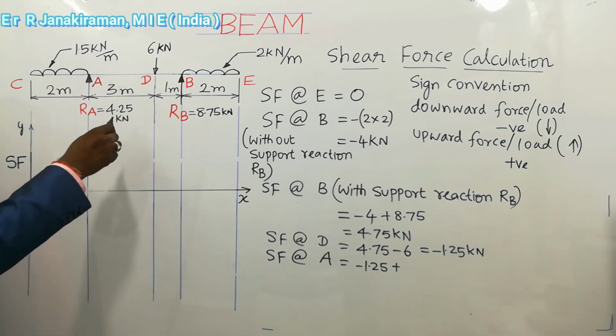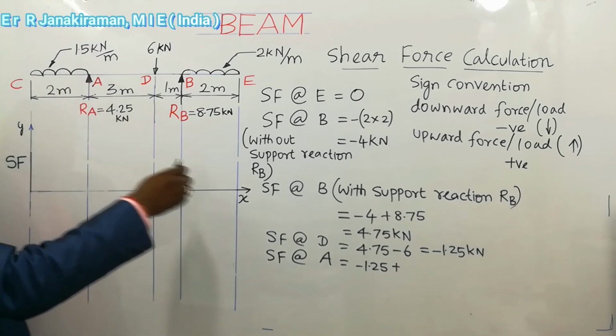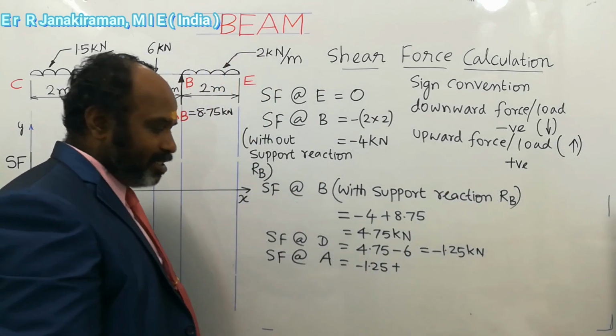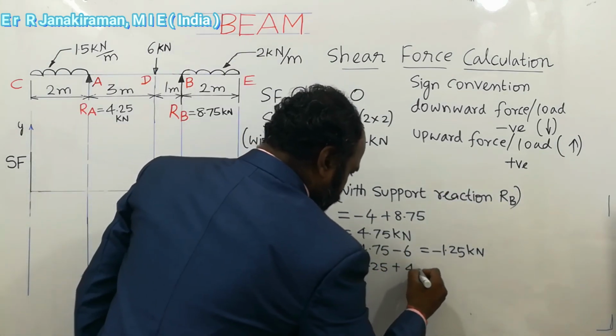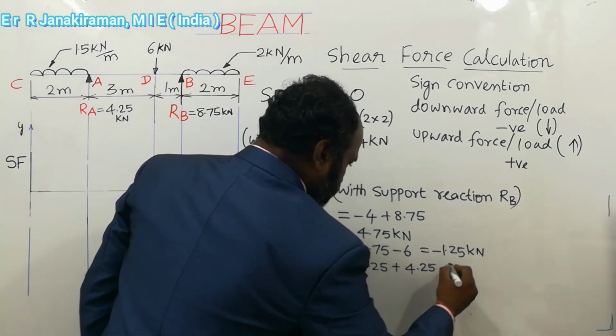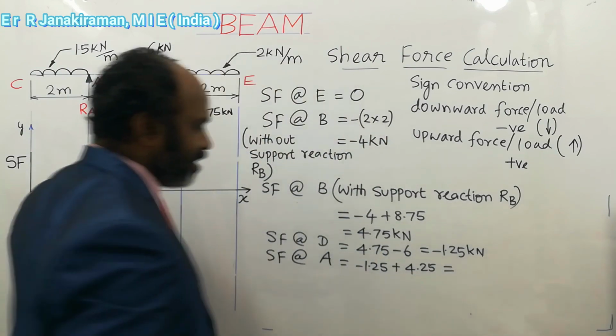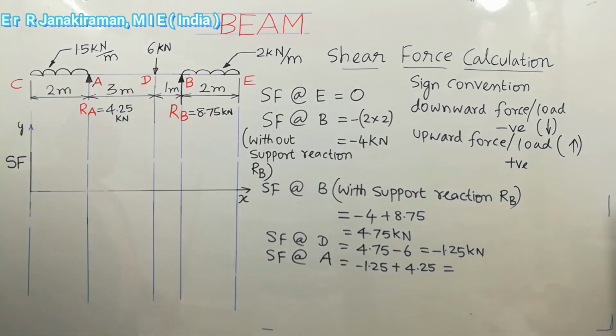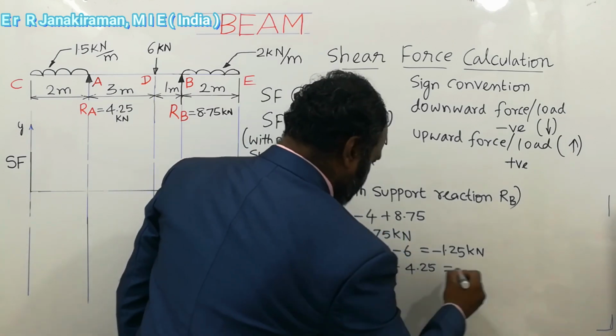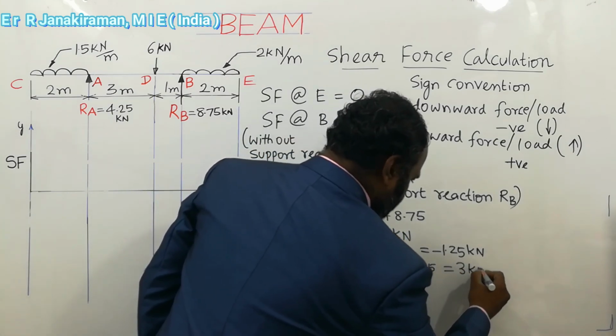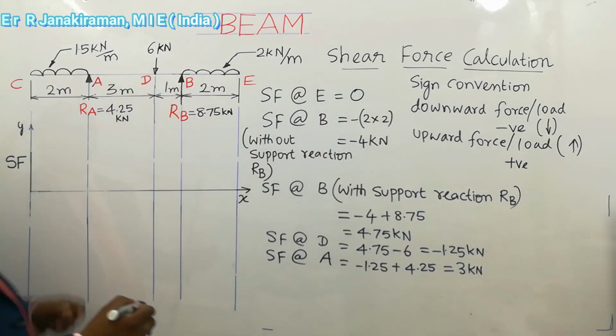RA we already found as 4.25. Upward force is positive based on the sign convention. So plus 4.25. On calculation we get its value will be 3 kilonewton.